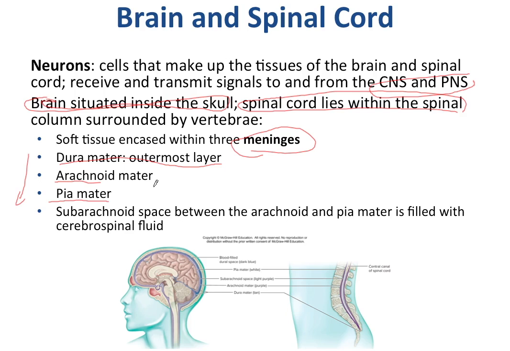Between the arachnoid matter and the pia matter, there is a space called the subarachnoid space. This space is filled with cerebrospinal fluid. This space is very important because if the patient has a disease of the nervous system, we need to make a diagnosis.